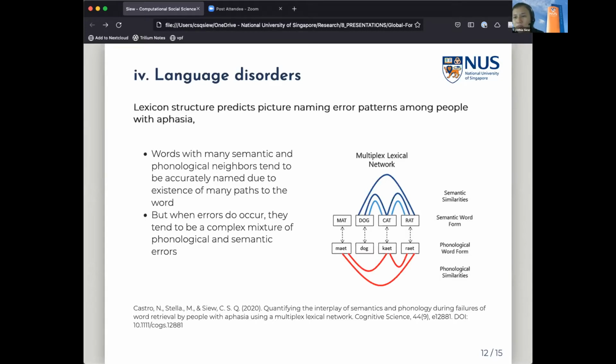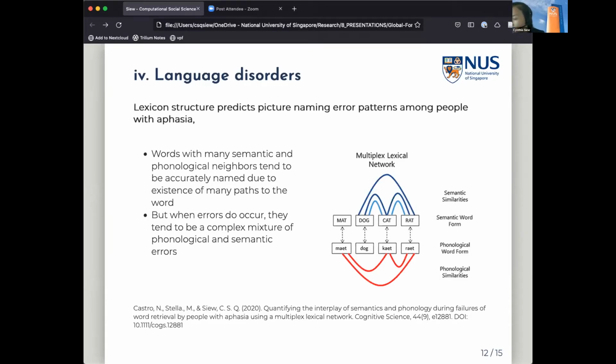This is partially because when you have many neighbors, you have more potential opportunities, more paths come to you in the network. However, when you do make an error on such a word, you get a very weird kind of error. You get an error that reflects a mixture of phonological information and semantic information.